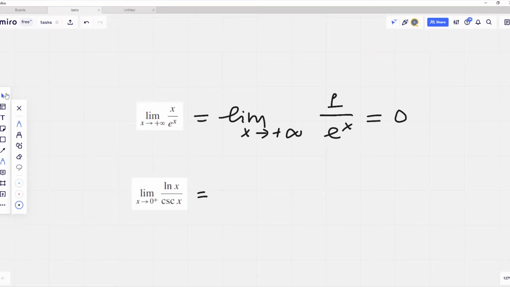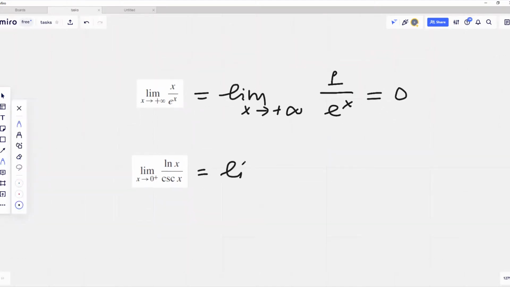Now, the next limit here is, first let's confirm that this is in indeterminate form of infinity over infinity when x is approaching 0 from the right side. In the numerator, we have minus infinity.